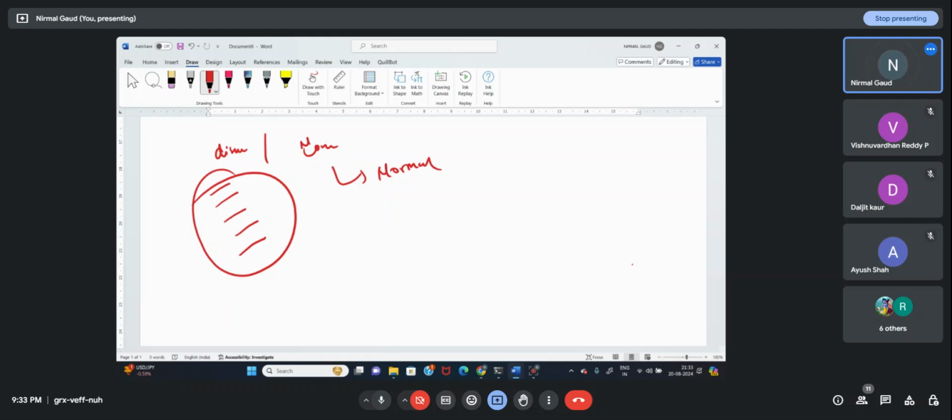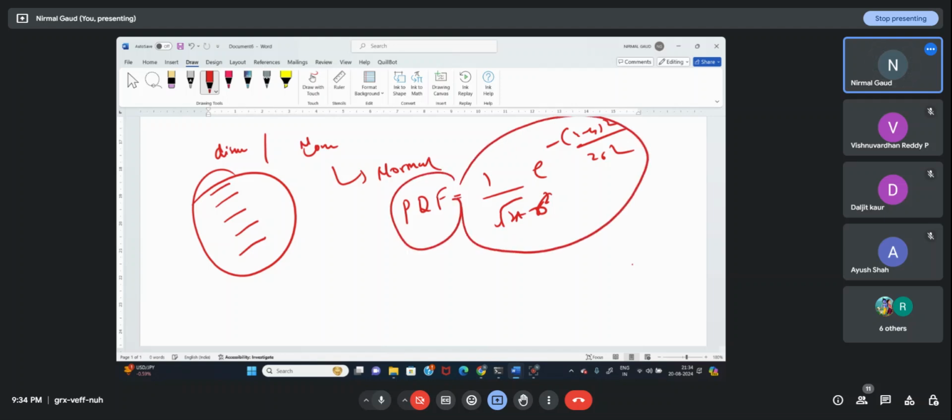This is the formula I gave for the probability density function of the normal distribution. This is what we call the PDF.